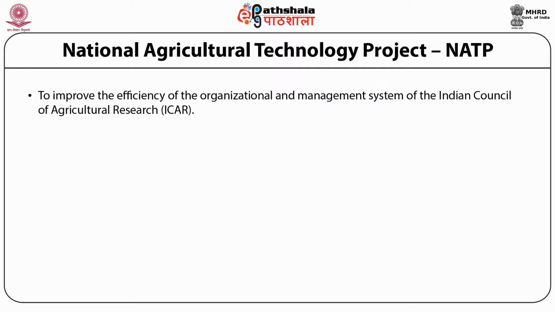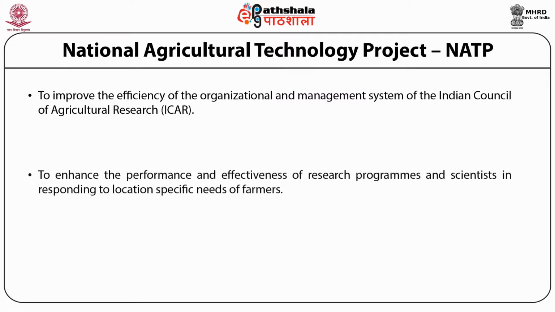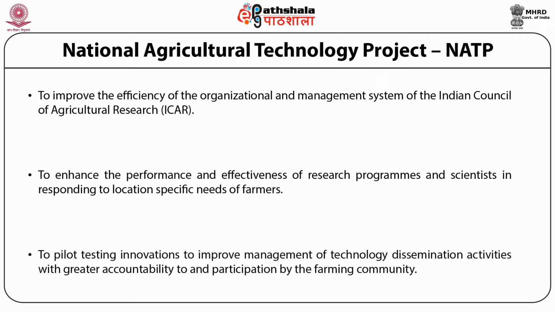The second component dealt with enhancing the performance and effectiveness of research programs and scientists in responding to location-specific needs of the farmers. The third component was to pilot test innovations to improve the management of technology dissemination activities with greater accountability and participation by the farming community.